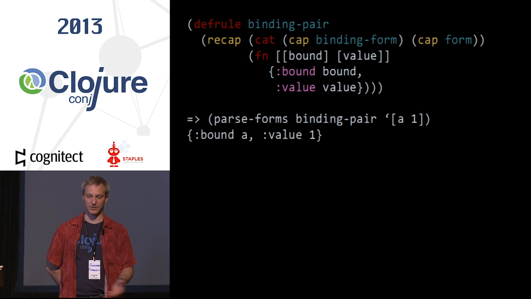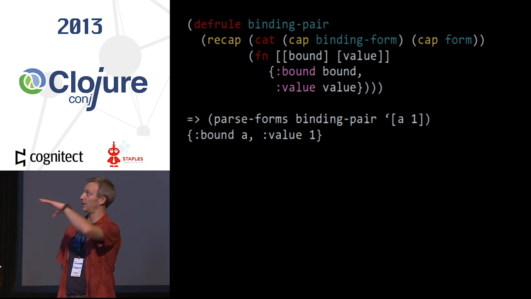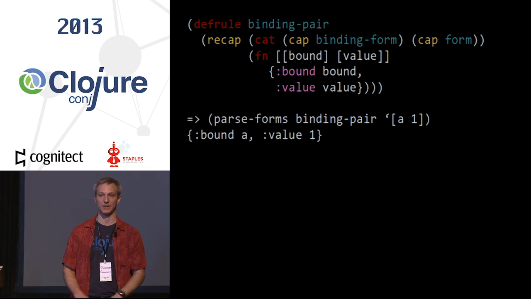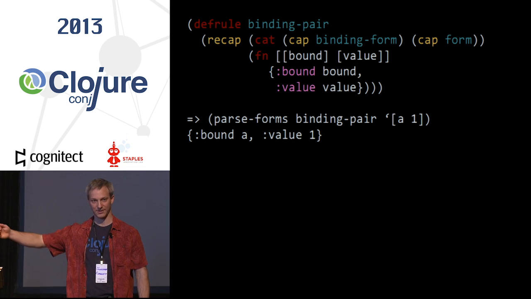That would be basically treating all of that grammar as simply a validator. But the more advanced usage would be to capture at various key points all of the information, for example, at binding, returning maps, and then finally generating your output from that result. At the bottom level, there would be a final lowest level recap that would produce something that would say let star, et cetera, et cetera.